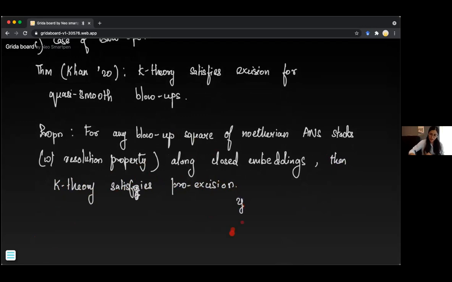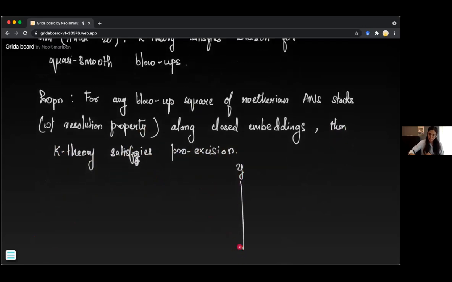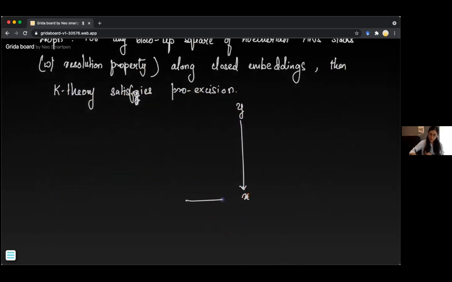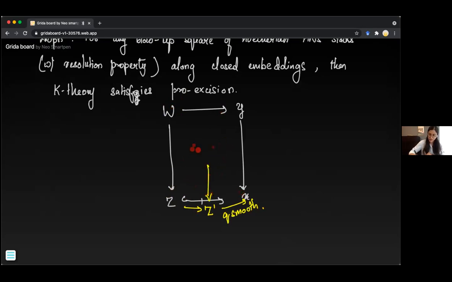If you have Y to X, some blow-up along some closed embedding, and this is your exceptional divisor W, then what you can do is factor this via some Z prime, which is now quasi-smooth inside X, and take a derived blow-up of X along the Z prime.